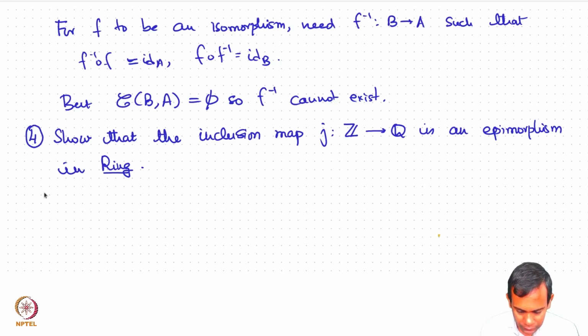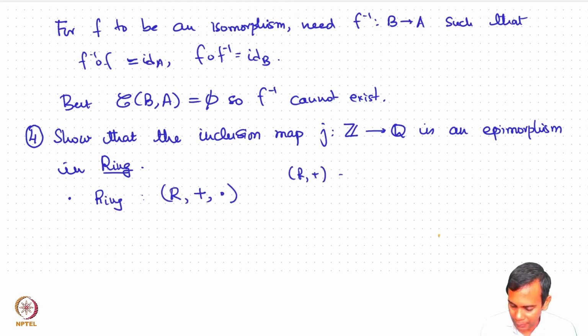Now, before solving this problem, let's just recall a few things about rings. So recall that a ring consists of two binary operations, addition and multiplication, and we have that a ring under addition is an abelian group, and a ring under multiplication is a monoid.